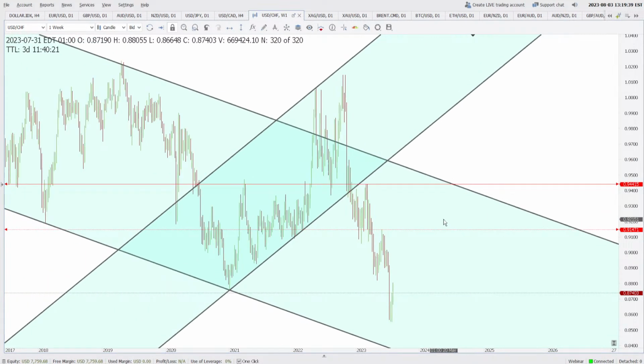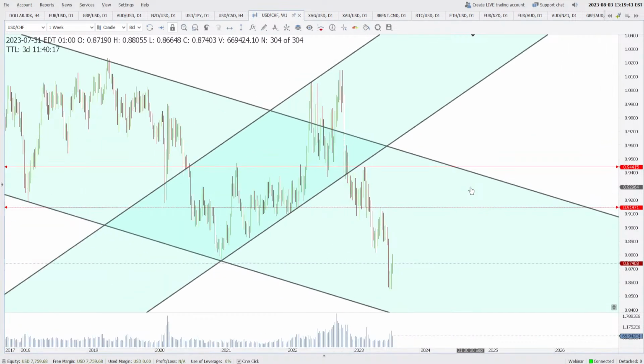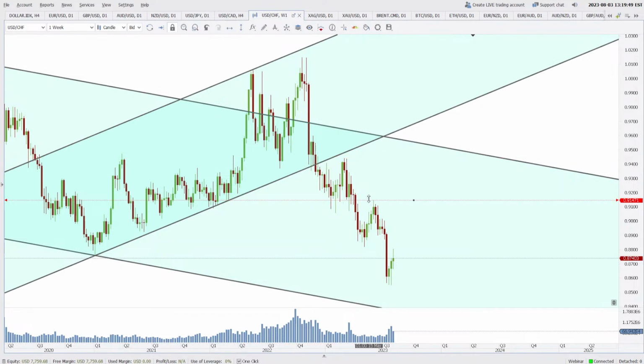So yes, in the bigger sense, you can say that this market is a falling market, and while it was falling, it made this high. Thereafter, it made this high, and it made this low, and it made this low. So we are now expecting another high to be formed which is lower than this high.